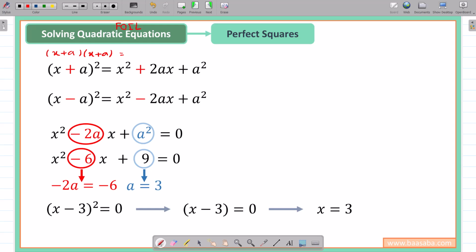What was the FOIL method? First, outers, inners, lasts. I'm going to first multiply the firsts, x to the power of 2, outers, xa, plus xa, inners, again plus xa, and lasts, which are a and a, which is a to the power of 2.